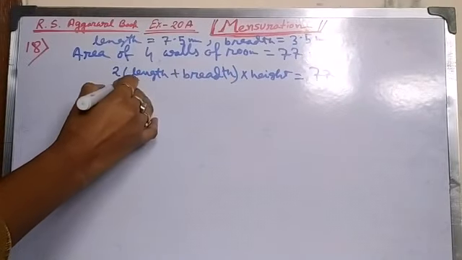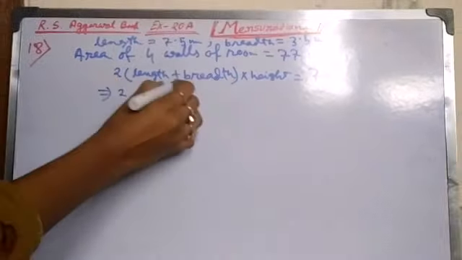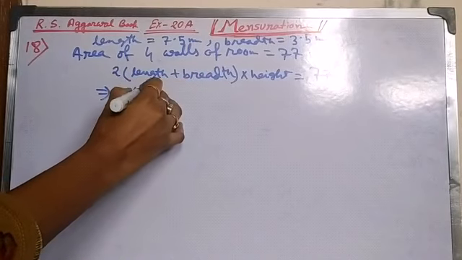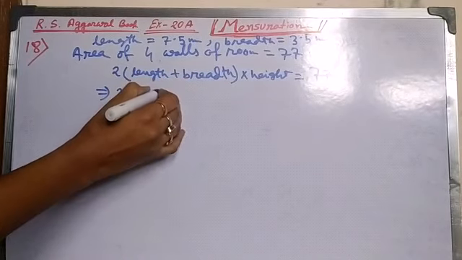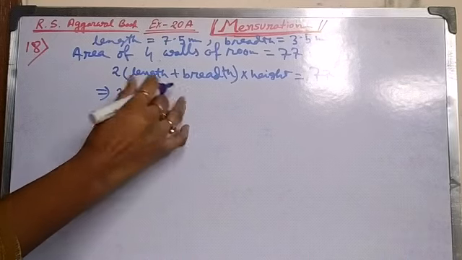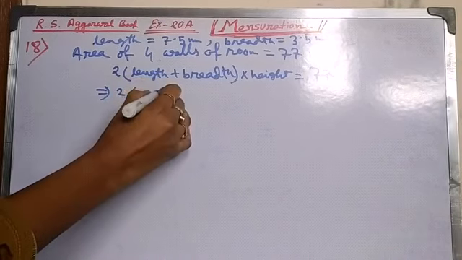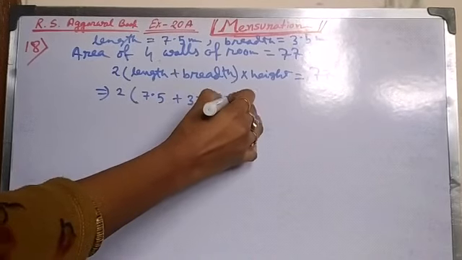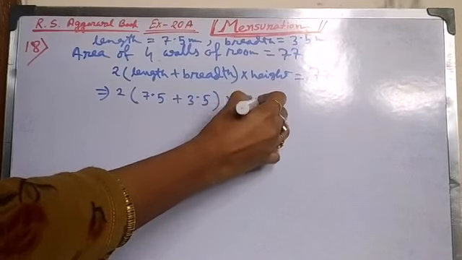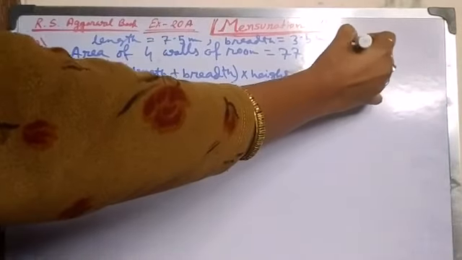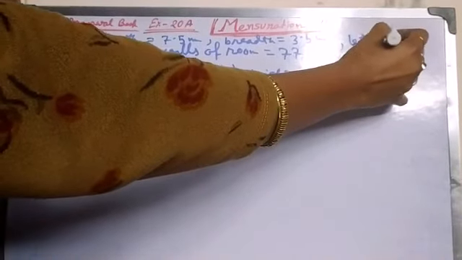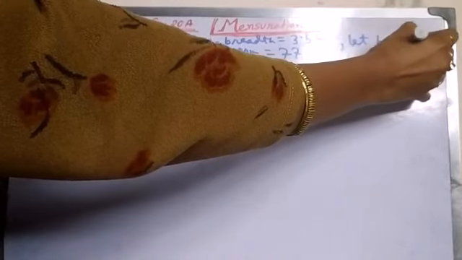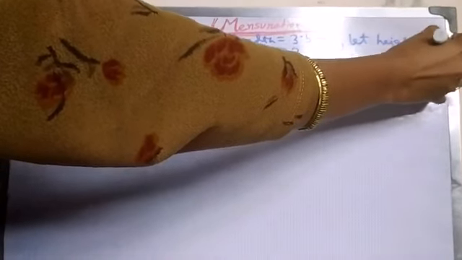Then here I am putting the value of length and breadth, that is 7.5 plus 3.5, into height. I am taking here h. Let height be h meter.